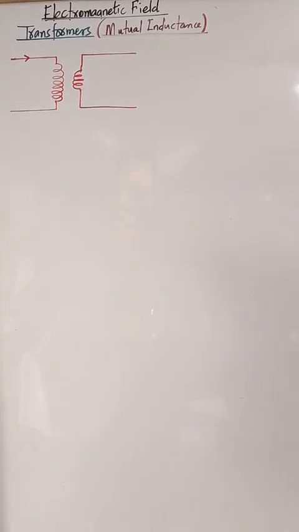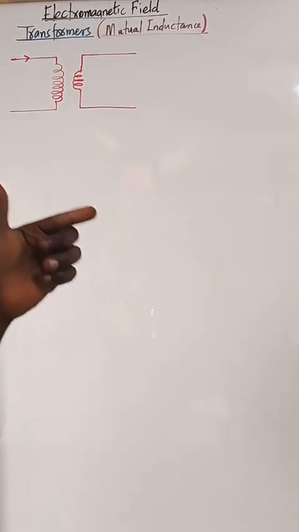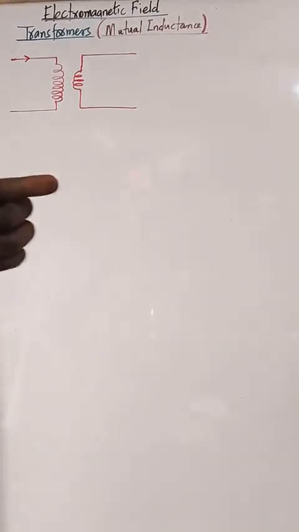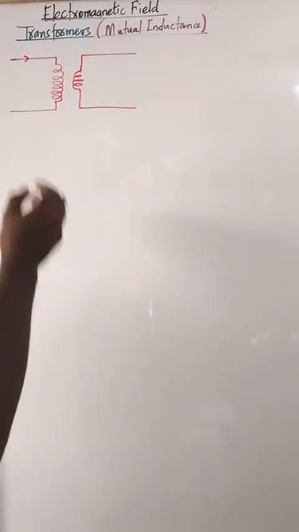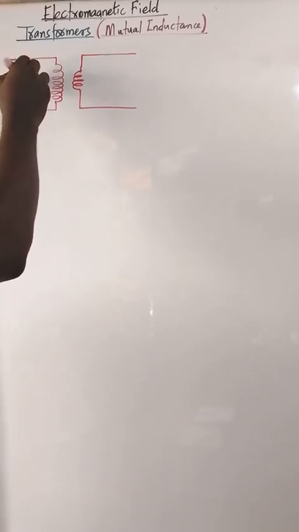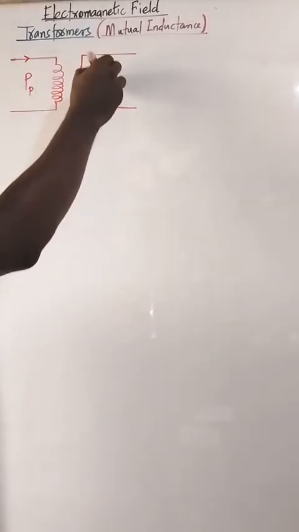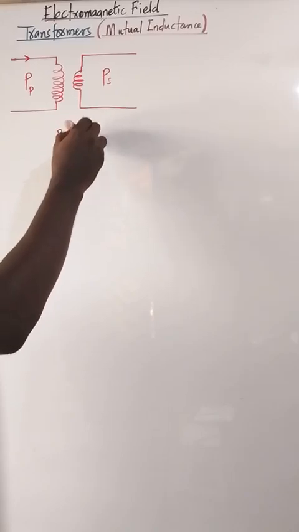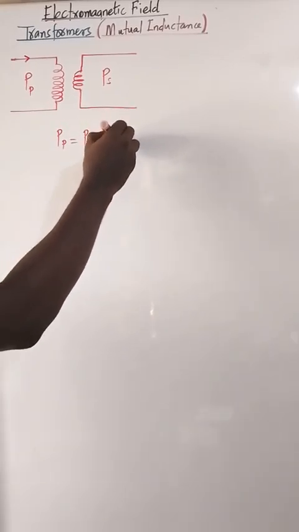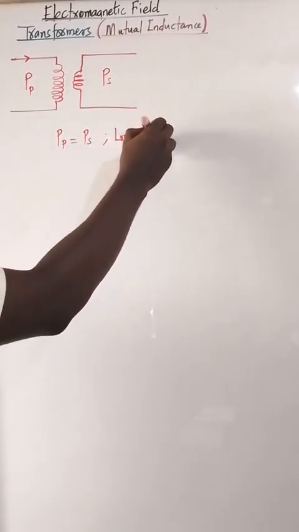Whenever there is movement, there must be work done against friction, and work done against friction takes the largest percentage of the loss in every machine. Although there are no moving parts, our assumption should be that the power generated in the primary coil, let me call it PP, and the power generated in the secondary coil are ordinarily meant to be the same, meaning there shouldn't be any loss.